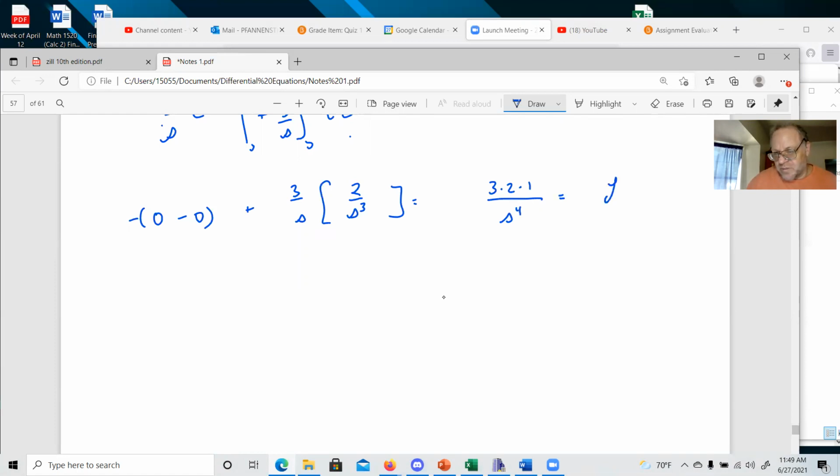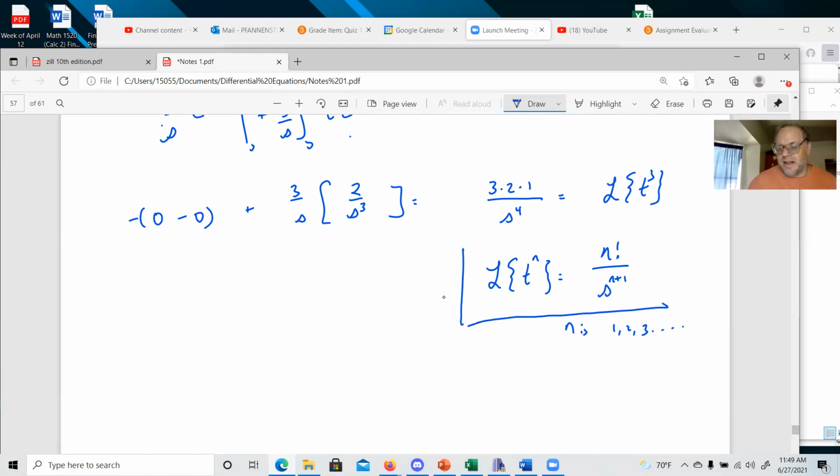This was equal to the Laplace transform of t cubed. Can we make a rule for this? Can we make a rule saying the Laplace transform of t to the n is equal to n factorial over s to the n plus 1? Yeah, we could do that. And that'll show up on your table as well.